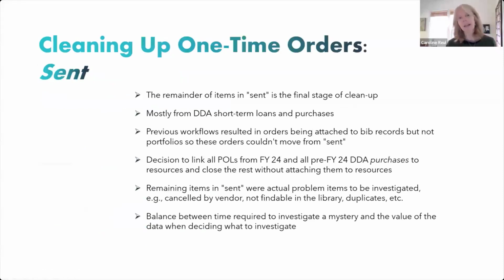So after all of that, I still had a bunch of items in sent. And the way I cleaned those up was to figure out that they were mostly from our DDA program, short-term loans and purchases.